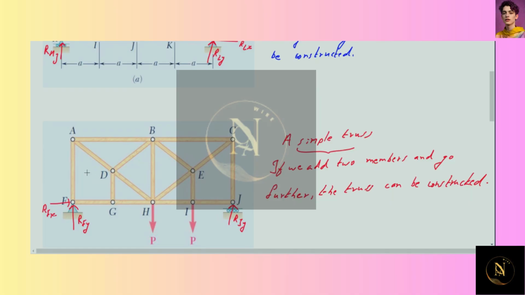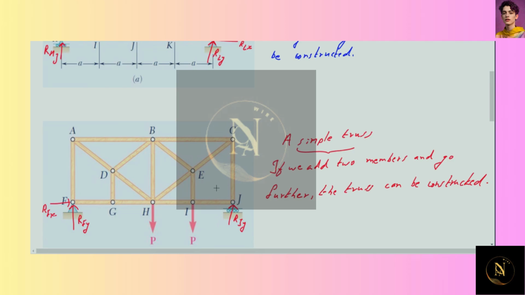You can see all these are connected, so this is a simple truss. This plus this gives you this one, and like that we can go further. Everything has a connection. So adding two members and going further to the next triangle, we can construct the whole truss.